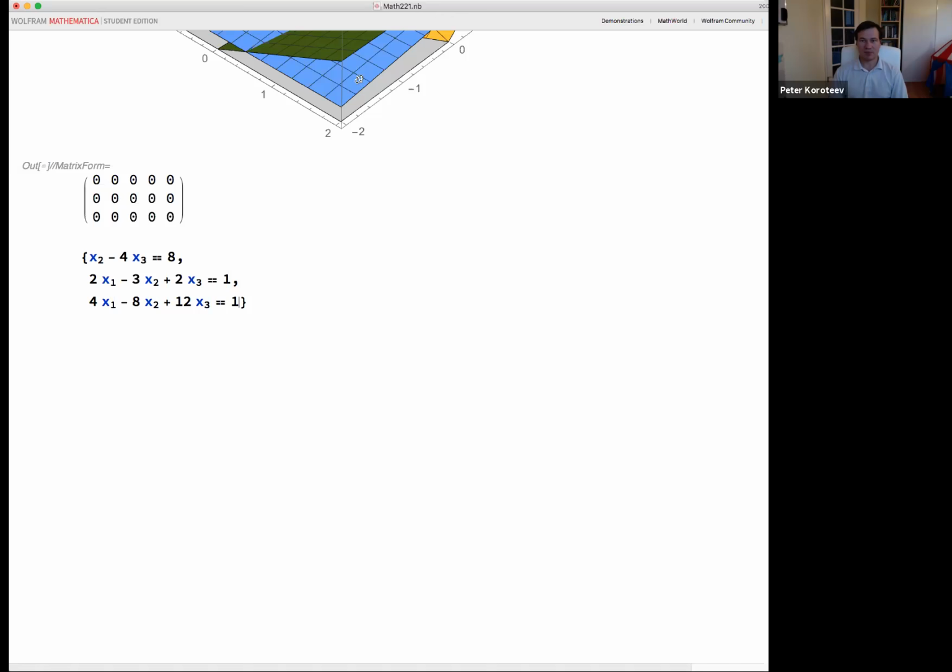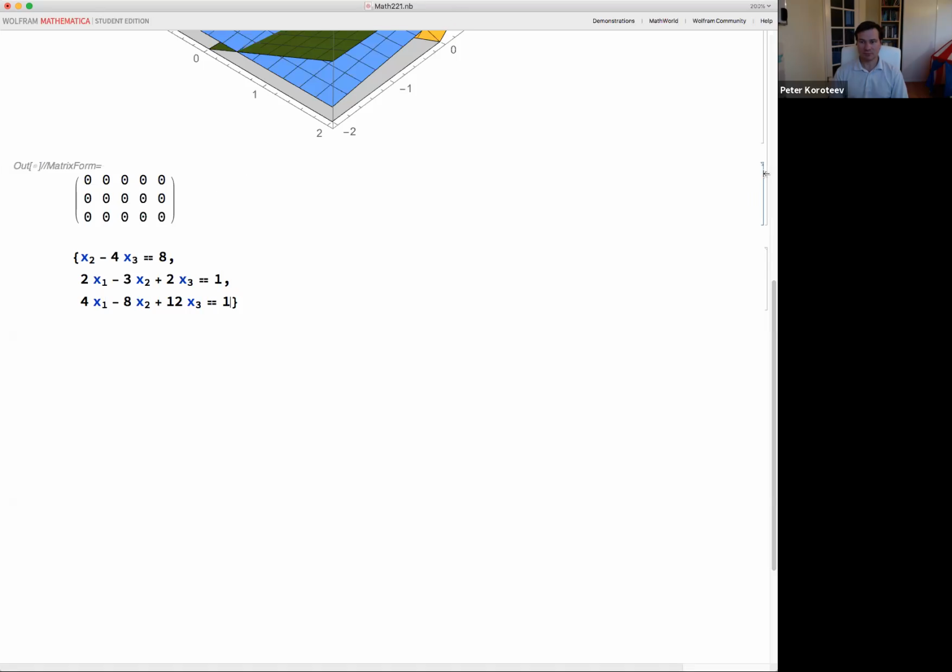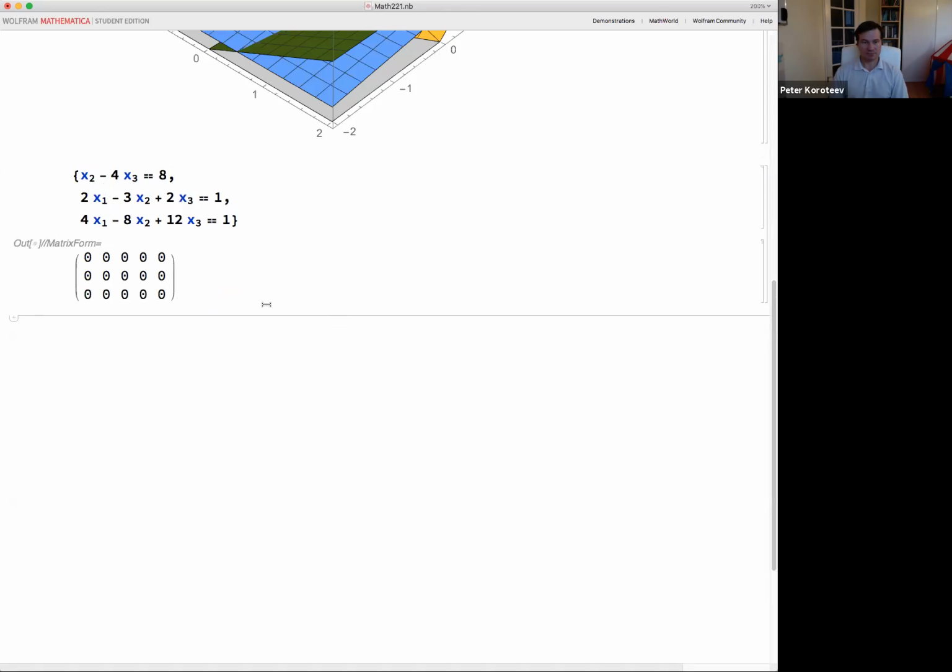I prepared this matrix here. So it should be 0, 1, minus 4 in the second column, 8, and then it's 2, minus 3, 2, and 1, and it's finally 4, minus 8, 12, and 1.